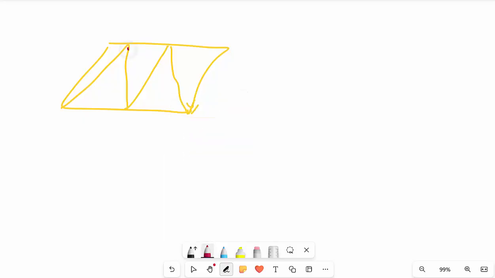Here, the heights of the triangles are the same as the height of the parallelogram, and their bases are divided, and some of them are equal to the base of the parallelogram.